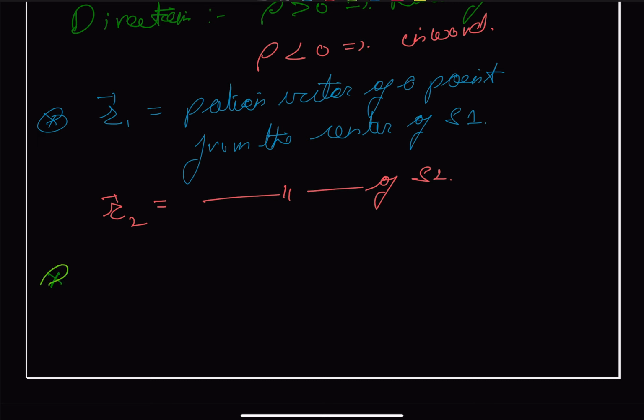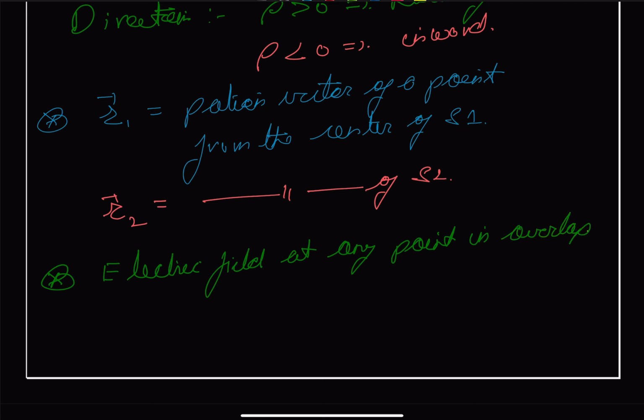And the electric field at any point in the overlap, let us call that E net, will be equal to E1 plus E2.